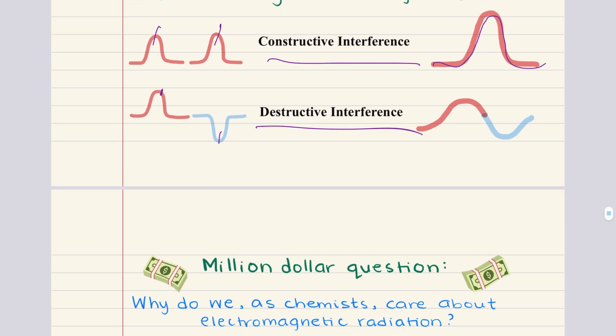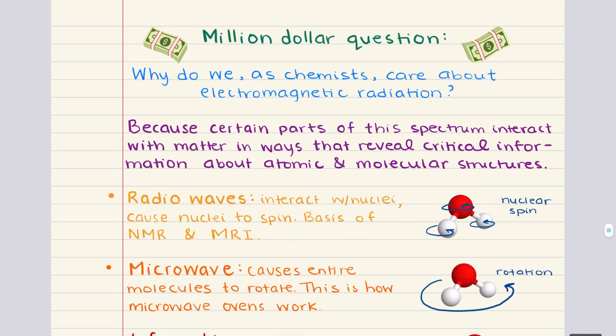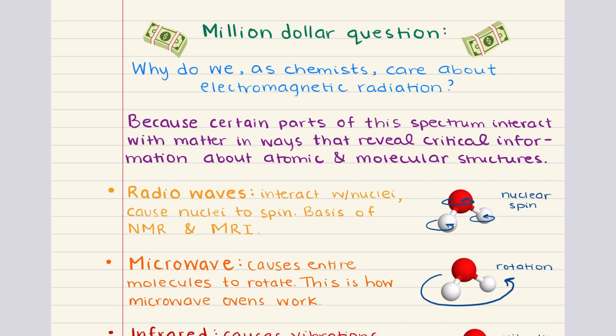With that, let's shift our focus to the practical significance of these interactions. Why do we, as chemists, care about electromagnetic radiation? Well, because different regions of the electromagnetic spectrum interact with matter in ways that reveal really important information about atomic and molecular structures.